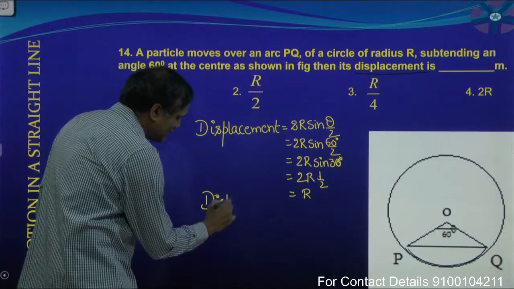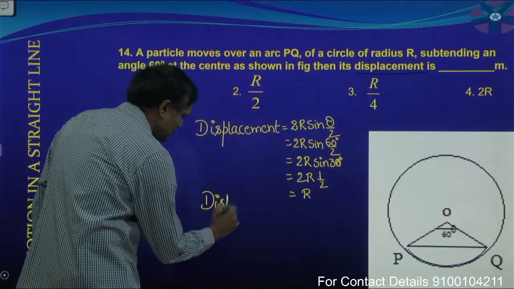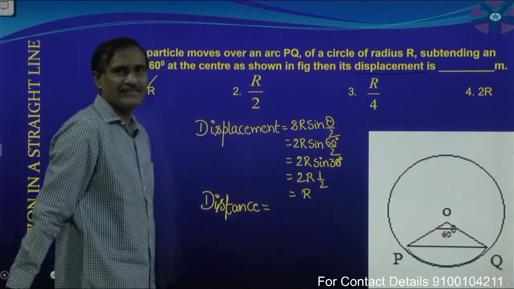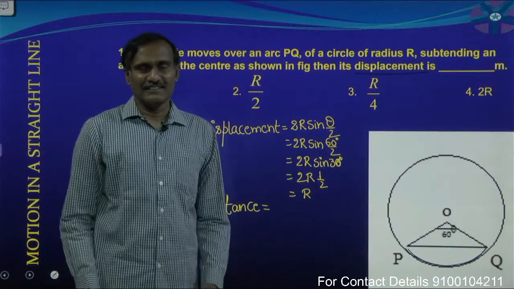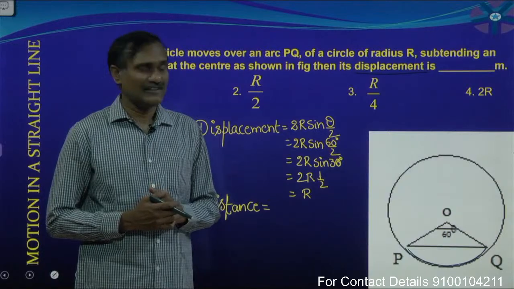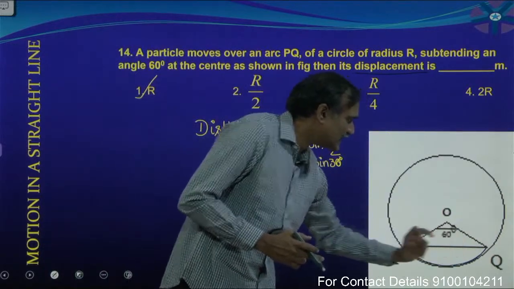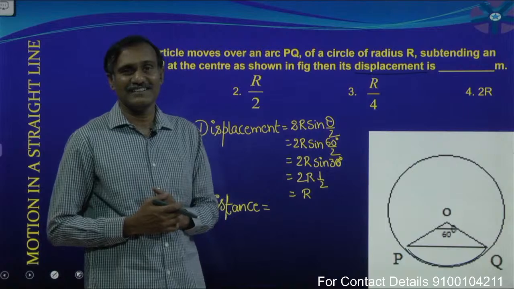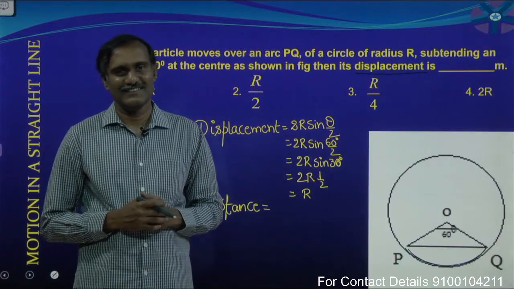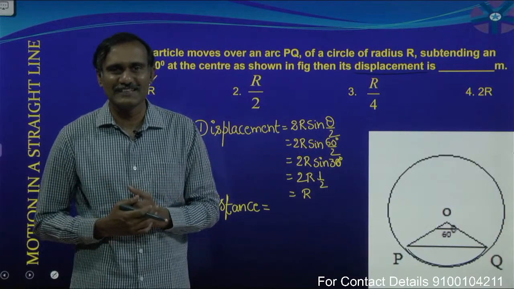Now, you tell me what is meant by the distance in this question. What is the value of distance covered by the particle? Yes, the actual length of the path travelled by the particle.